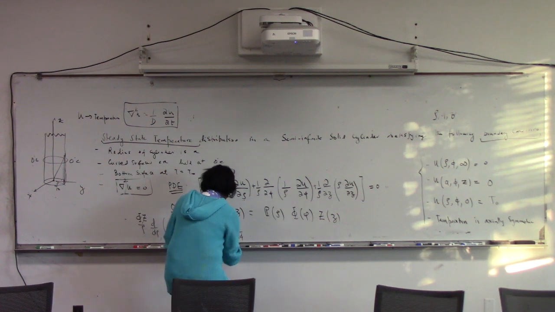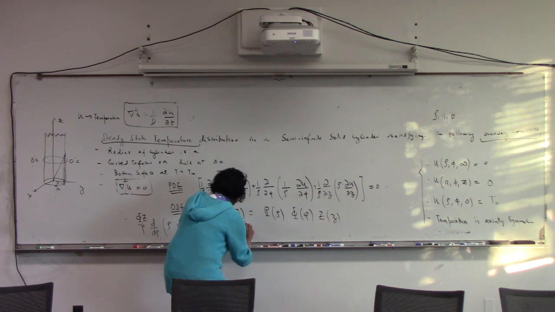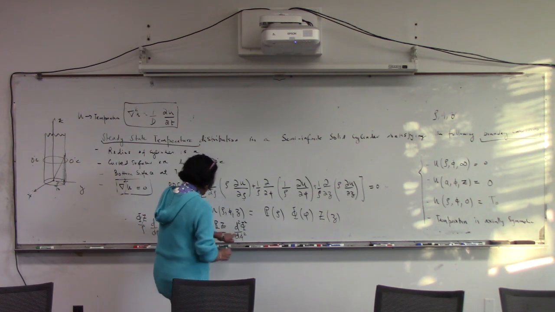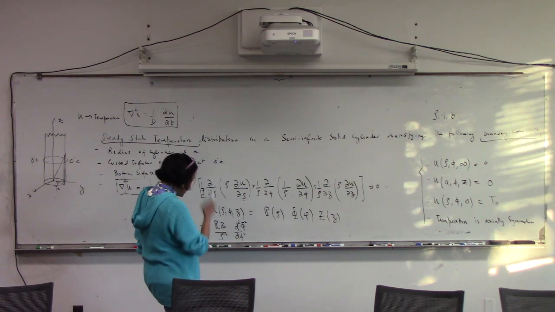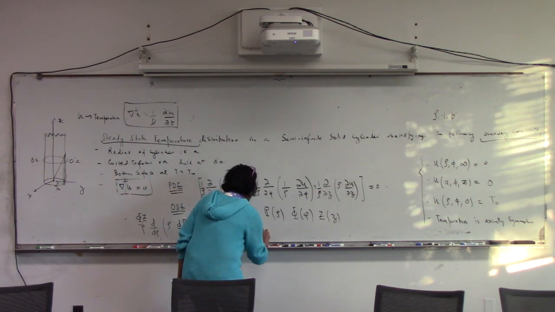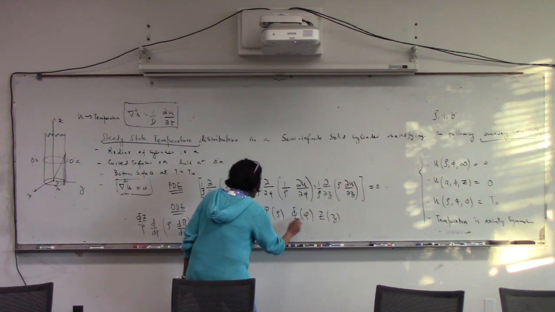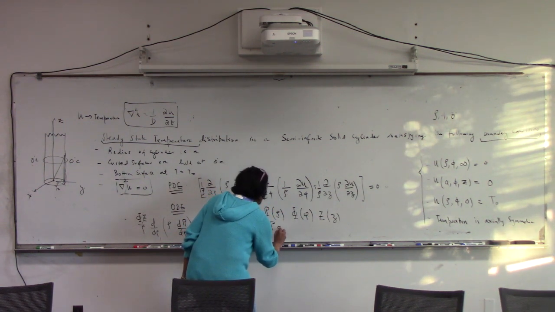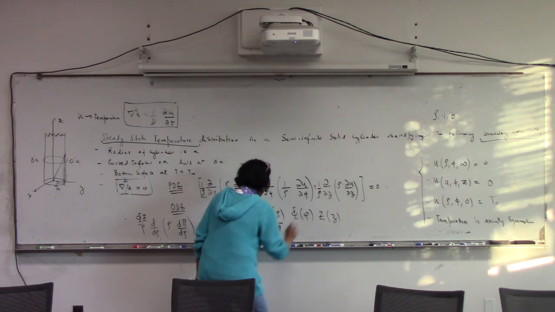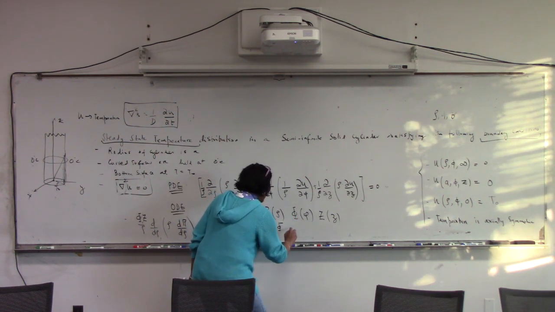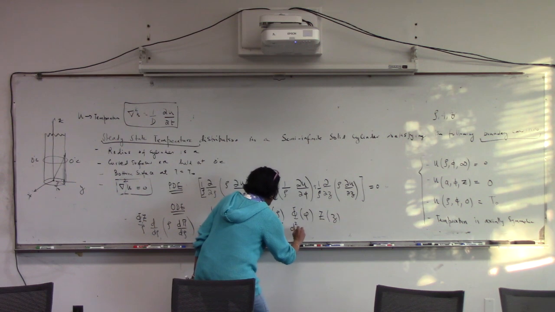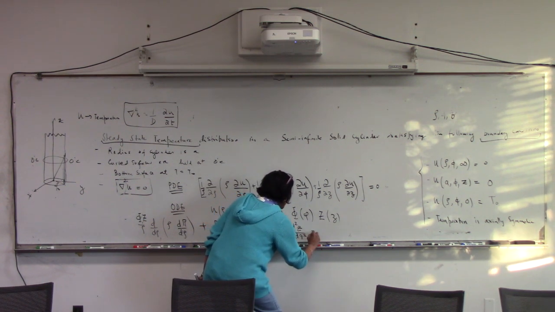That rho I can pull out, I can put it as rho square, and this can become now d square phi d phi square. Plus, in this case I can put P and phi outside, rho and rho will cancel, and I can write that as d square Z d z square equal to 0.